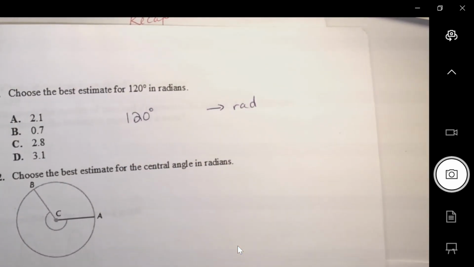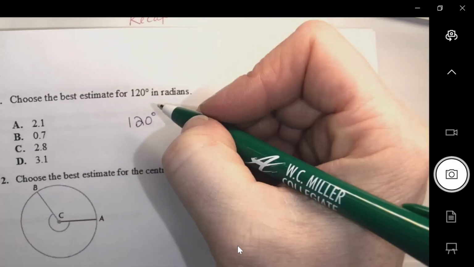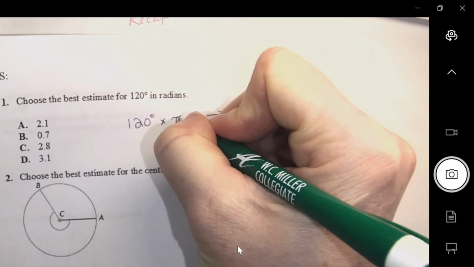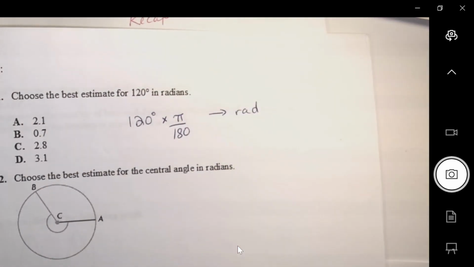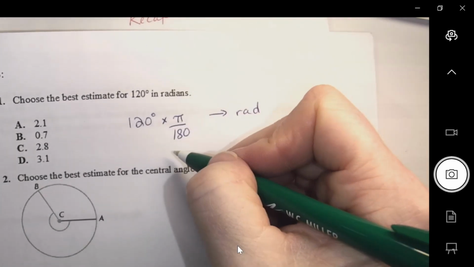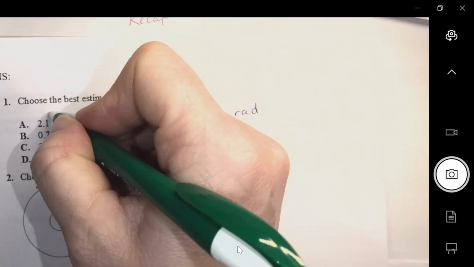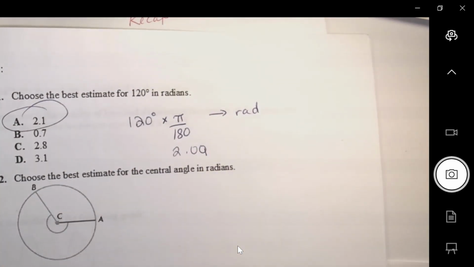Did we write something on our cheat sheet that helps us? So on my exam, can I look on my cheat sheet and find something? I would times by pi and divide by 180. So I got 2.09 in my calculator.